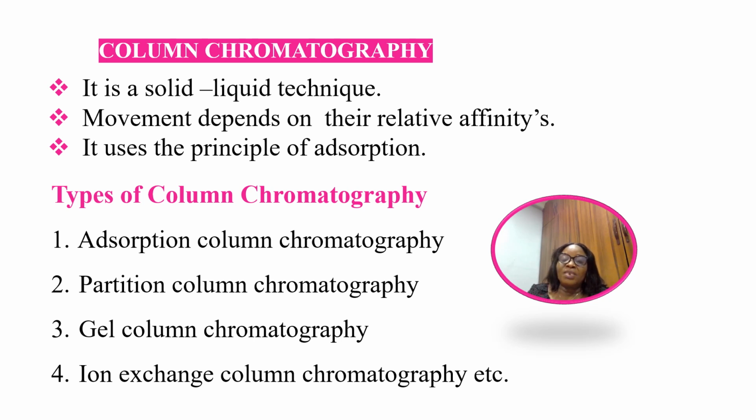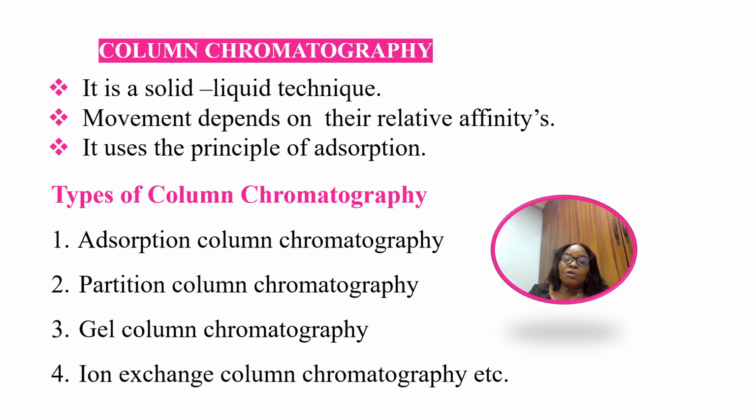We have different types of column chromatography, such as adsorption column chromatography, partition column chromatography, gel column chromatography, ion exchange column chromatography, etc. Adsorption column chromatography is a technique of separation in which the components of the mixture are adsorbed on the surface of the adsorbent.